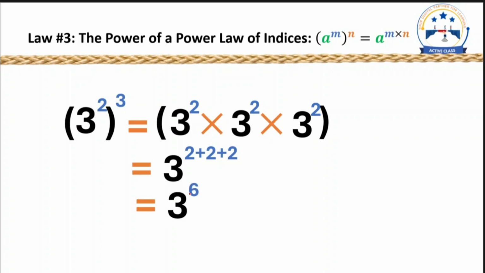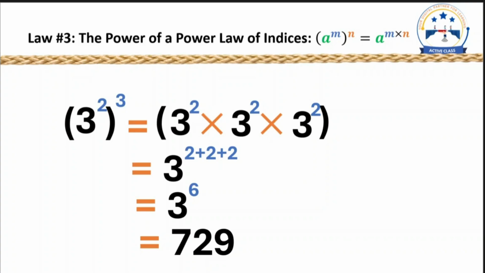This 6 can be obtained by simply multiplying these 2 and 3 in the power, right? So instead of doing this long process, you can simply multiply the powers and write 3 to the power 6. So if you raise a power to another power, multiply the exponents.